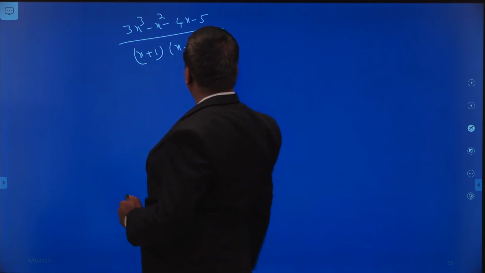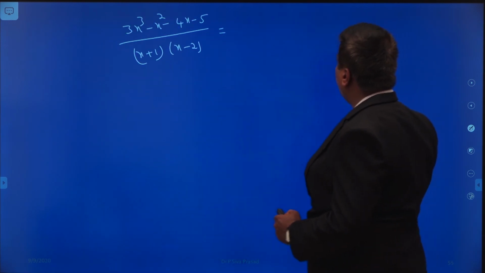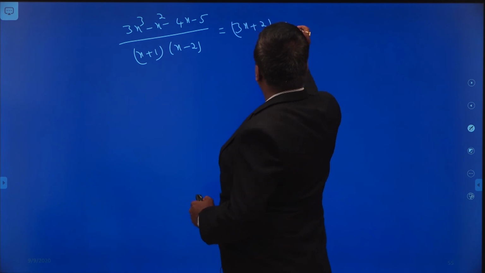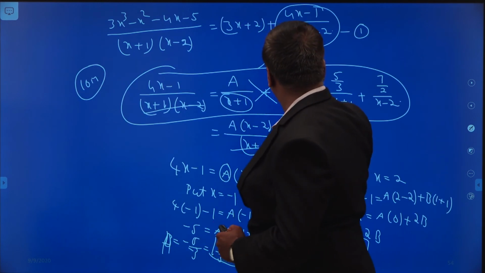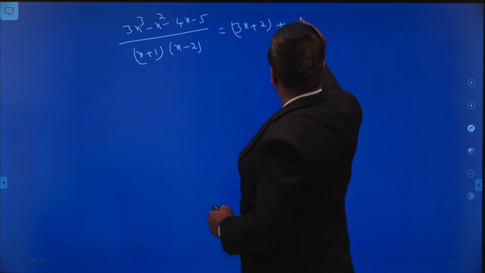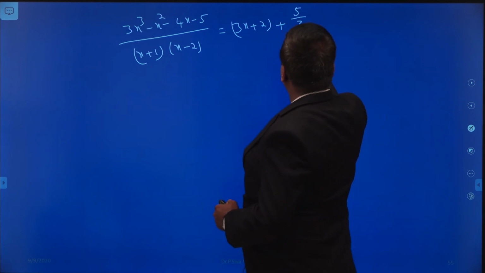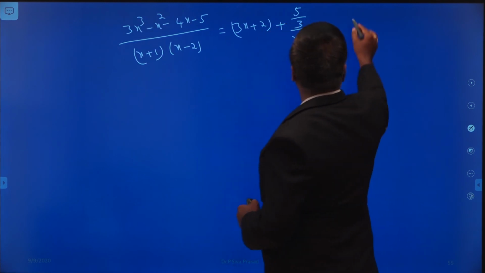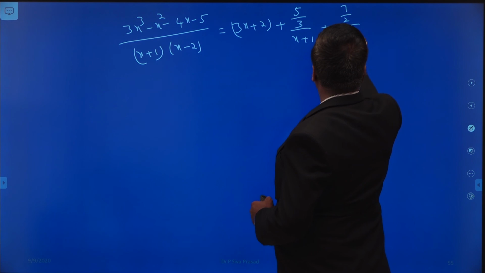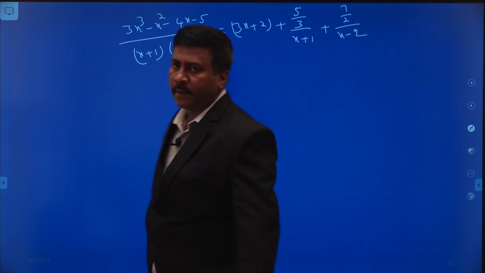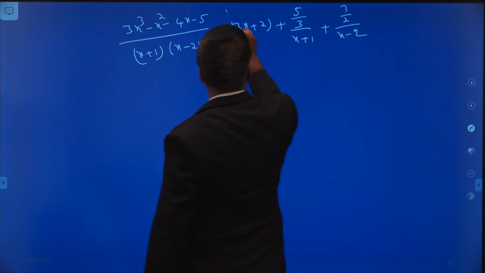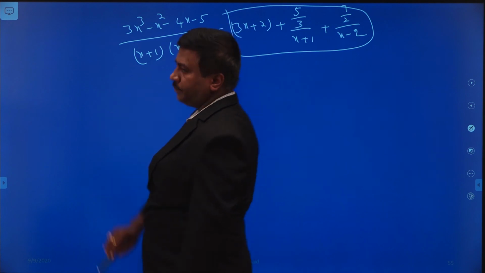That is equal to 3x plus 2 plus 5 by 3 by x plus 1 plus 7 by 2 by x minus 2. So this is the total partial fraction of the improper fraction.